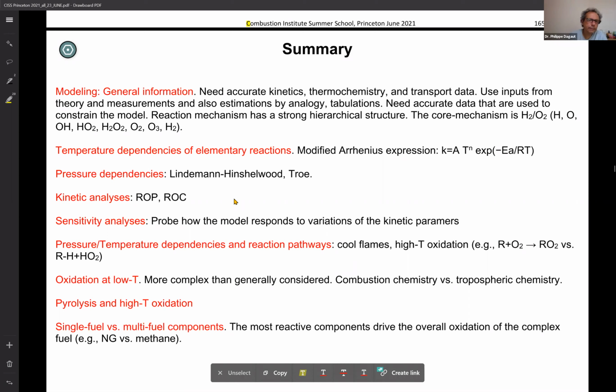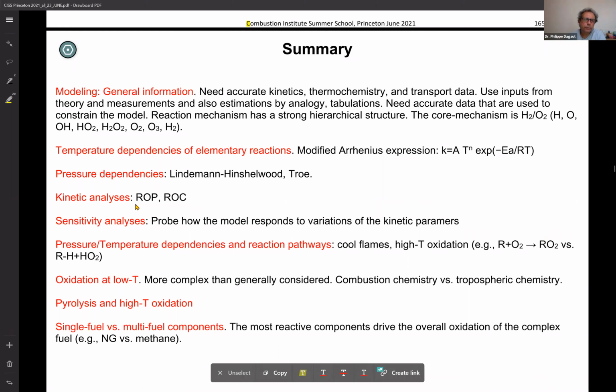And clearly, you need to look carefully at these in order to figure out what's going on. It can help figure out that there are missing reactions, or some reactions which are included in the model are probably not forming the products they are supposed to form.